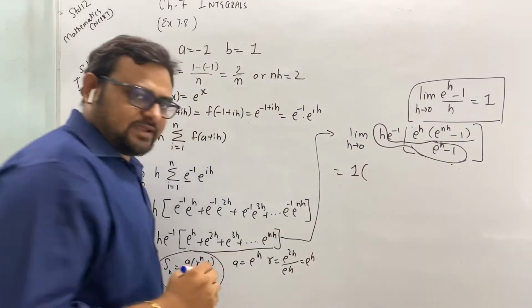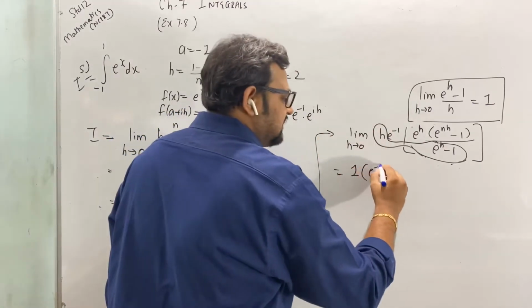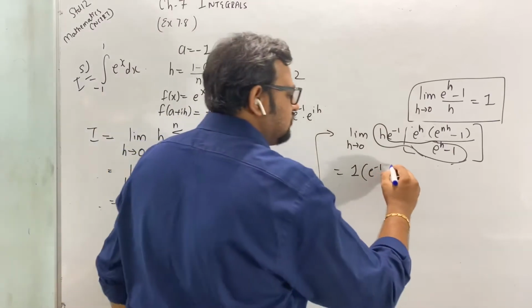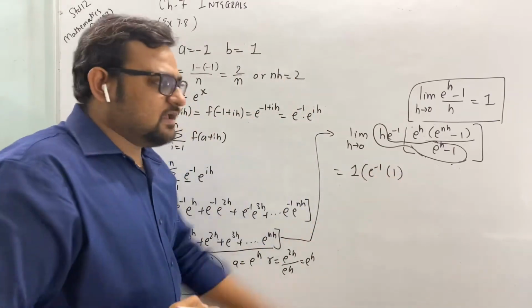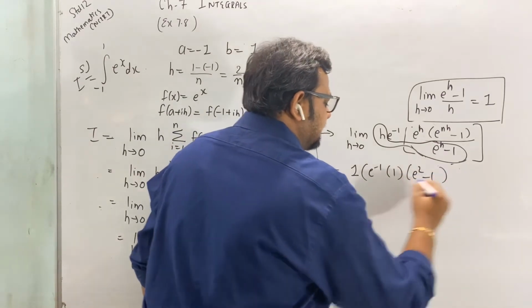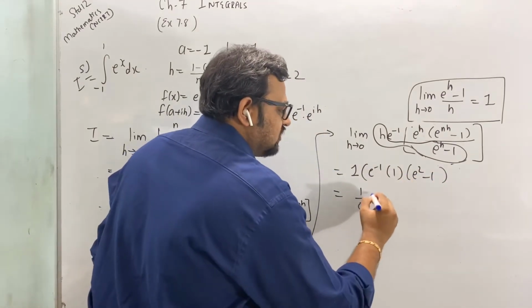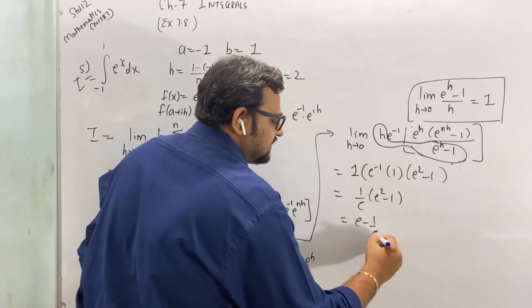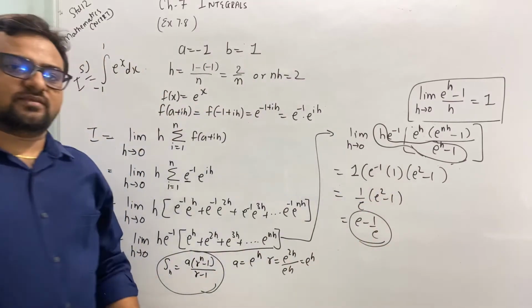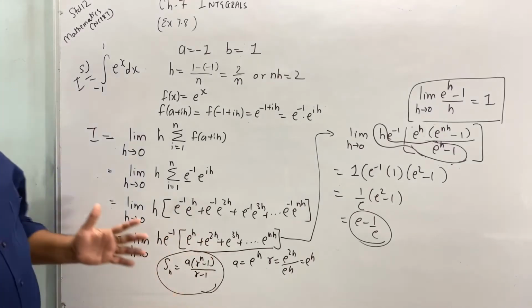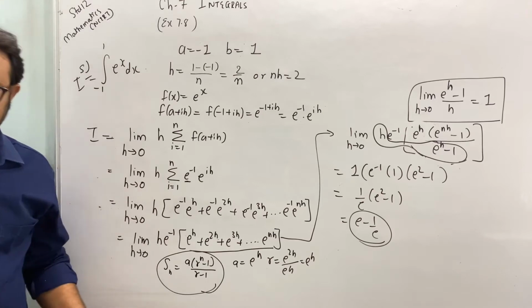I am removing the limit, remaining is e raised to minus 1, e raised to 0, that is 1, nh, what is nh? 2, e square minus 1. So e raised to minus 1, 1 by e square minus 1, I will multiply it, e minus 1 by e. Clear? Okay, so just go through question number 5.